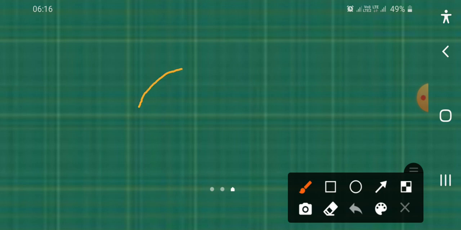Let us consider that this is the circular path, and an electron is moving in this circular path, and to visualize the electron, a microscope is used, and the size of the electron is very small.